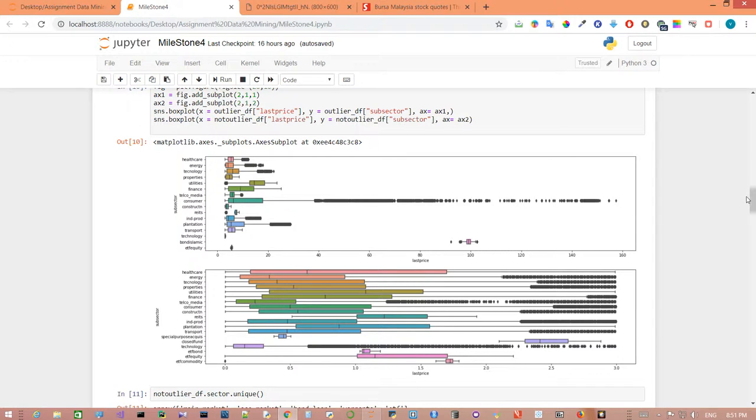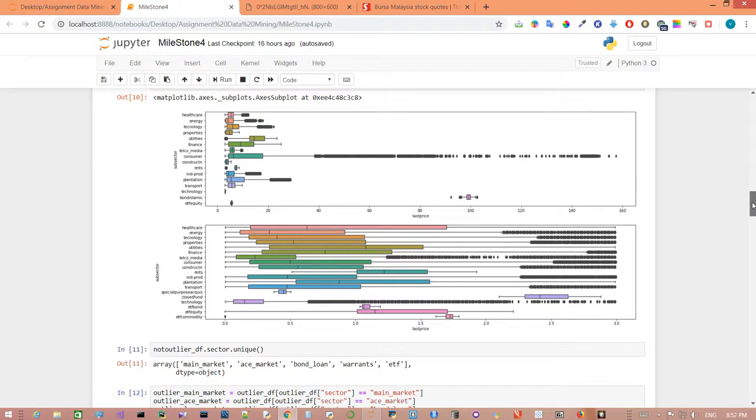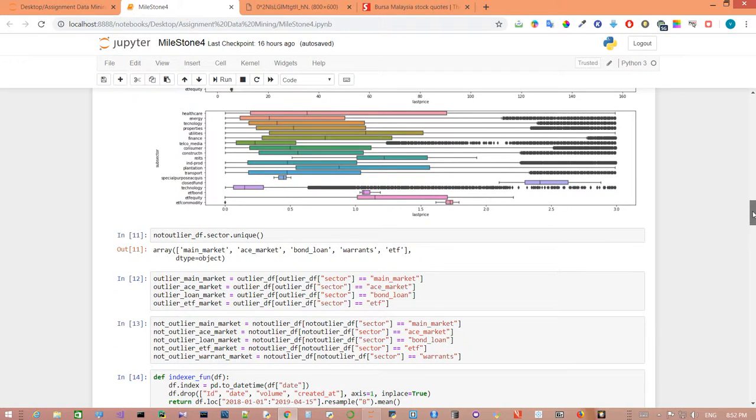So based on these analyses, I decided to create 2 different tables. One for outliers and another for not outliers. And then analyze these 2 different data frames with each other.